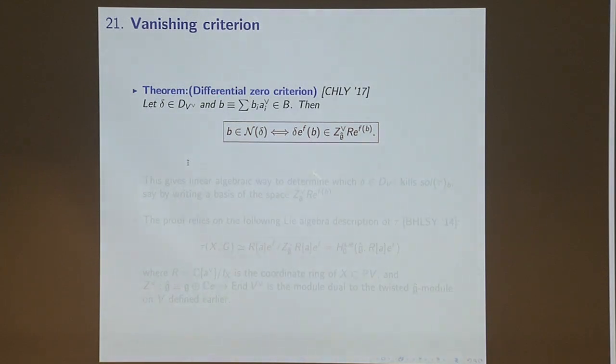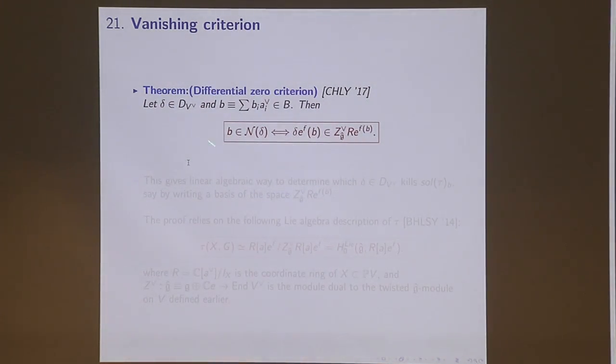It says that if you compute the formal derivative of this formal exponential e to the f, where f is the universal section and delta is the differential operator I chose, you could compute this derivative formally and then evaluate it at a point b. If you could show that this vector ends up in this vector space, and I'll explain the notation in a moment, then you guarantee that the point is in the zero set, and vice versa.